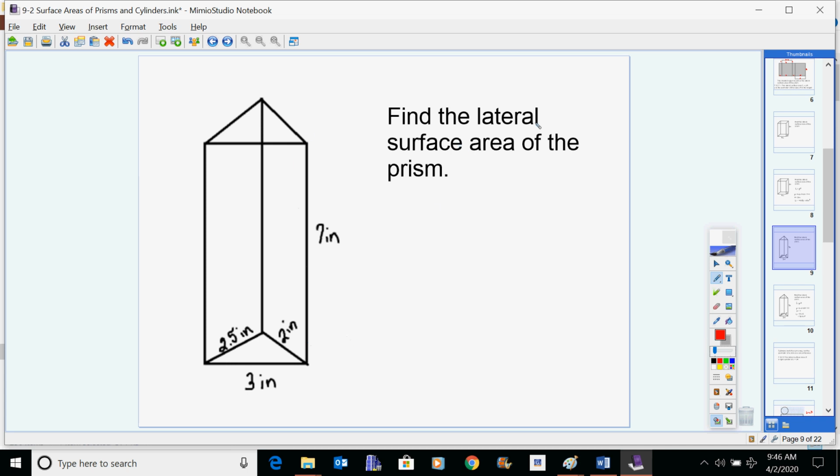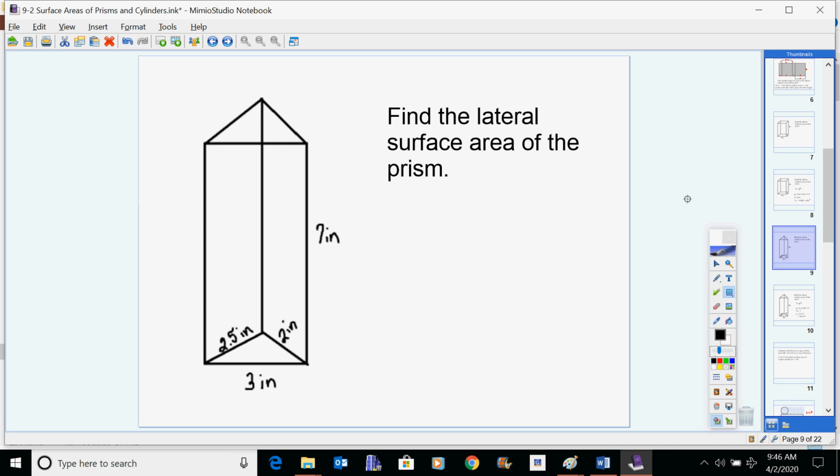And that gives you your lateral surface area. Make sure the word lateral is in front of it, because if it just says surface area, that includes a little bit more. But our lateral surface area is the perimeter of the base times the height.